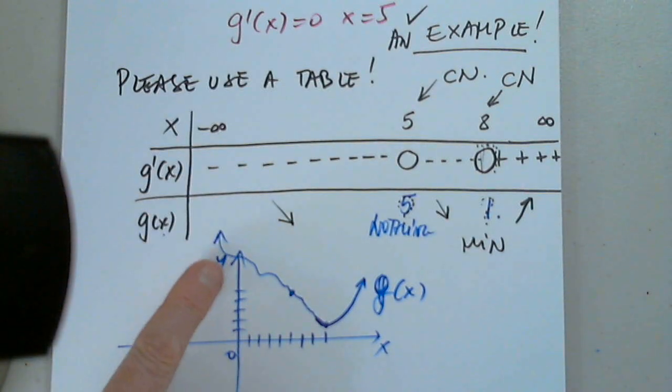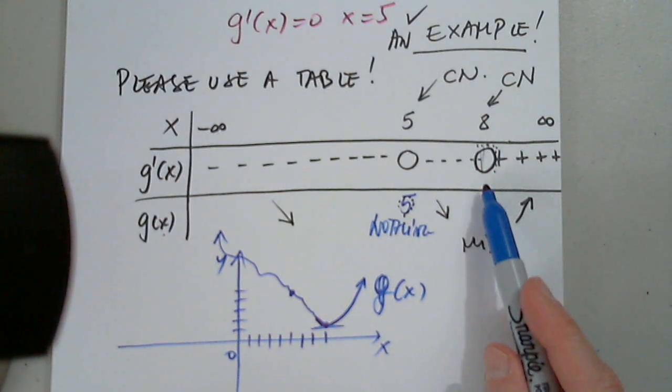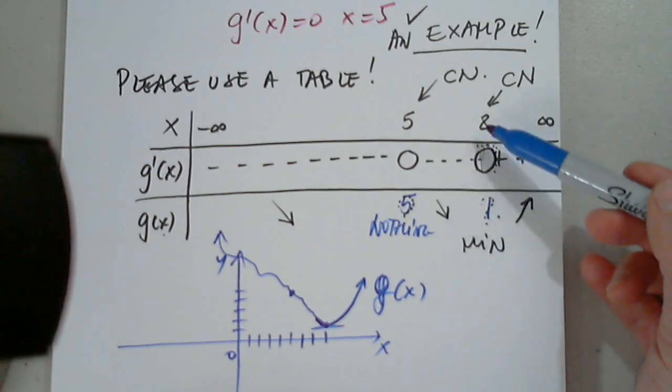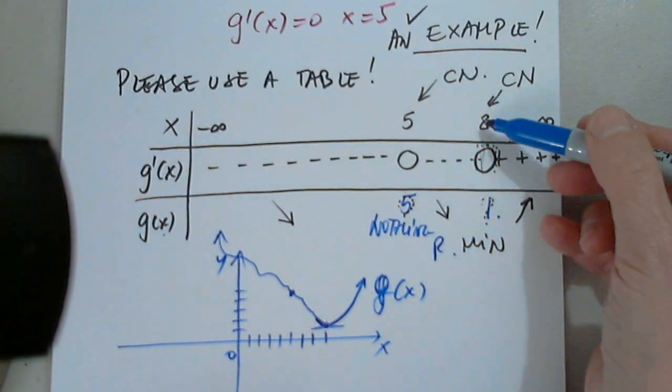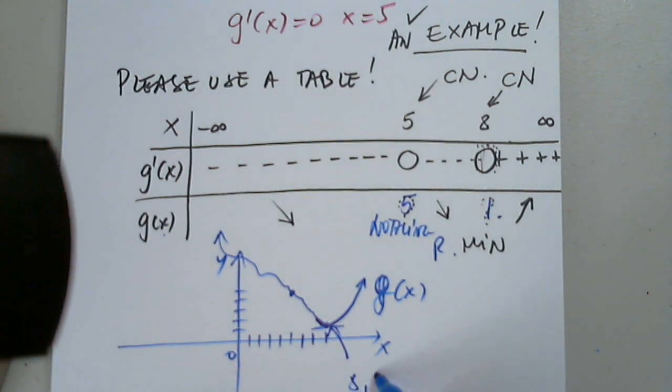This is a point where the function was decreasing, but here we decided that the function has a horizontal tangent. In other words, the slope is 0. And then it's increasing, so this is a relative minimum. The relative minimum is 8 comma 1.